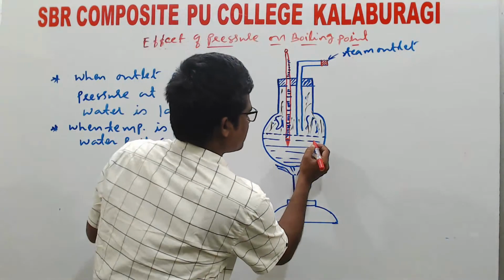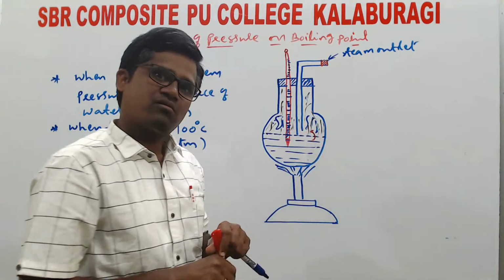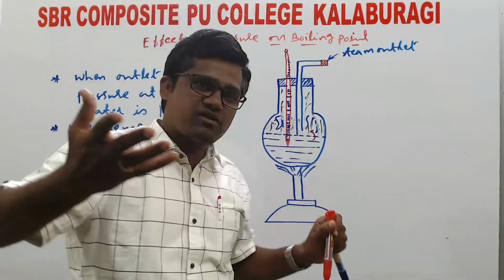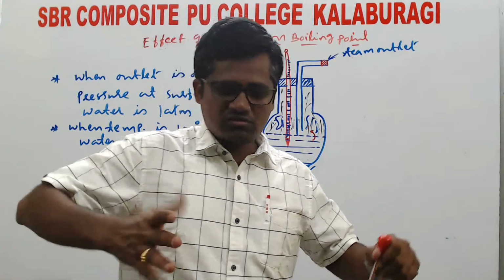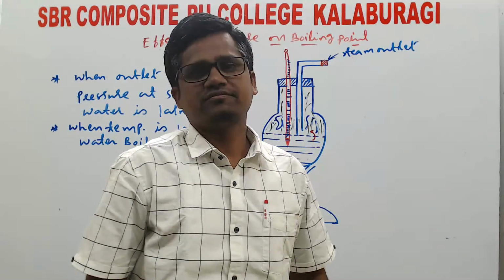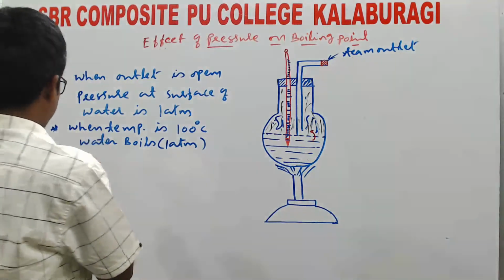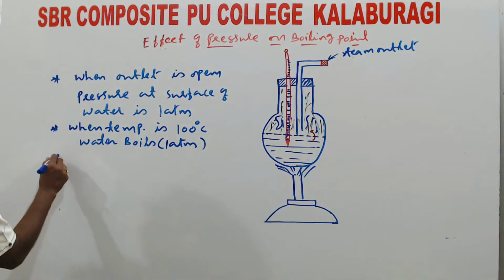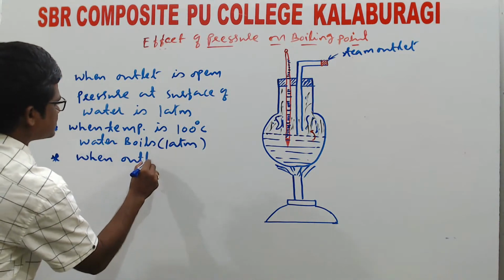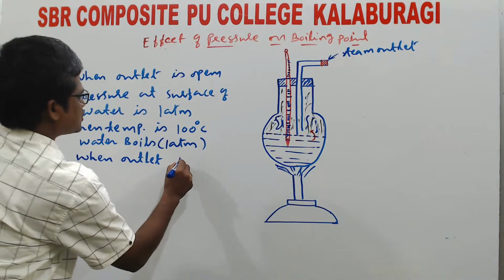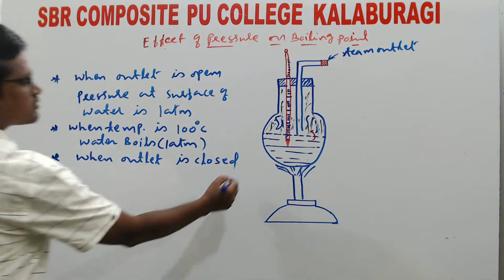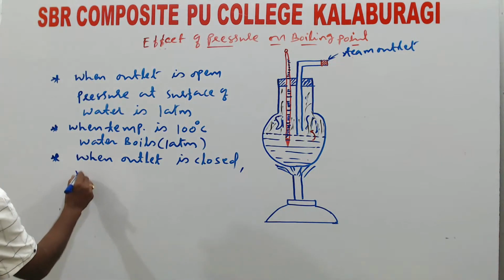This external pressure becomes more. So water molecules want to come up at 100 degrees, but now the pressure on the surface of water becomes higher than 1 atm. They are unable to come out. They press it down. So boiling stops. Next point you can write: when outlet is closed, vapor pressure increases.